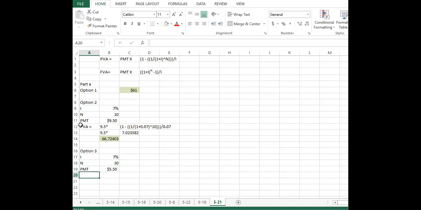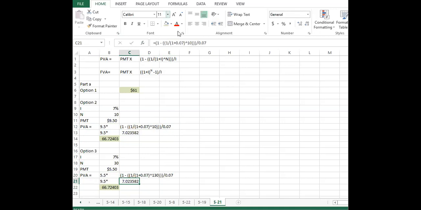So again, we have the same formula. Here we have payment of 5.5 and the interest is same, but the time period is 30 years.